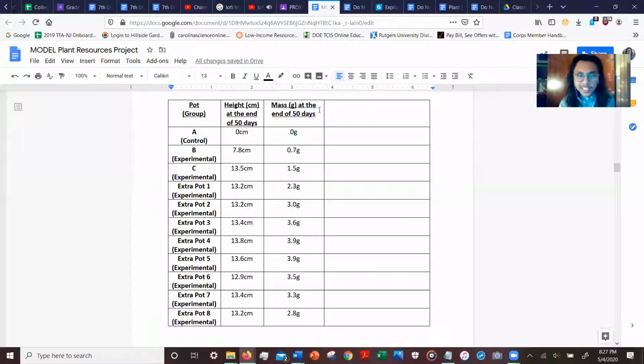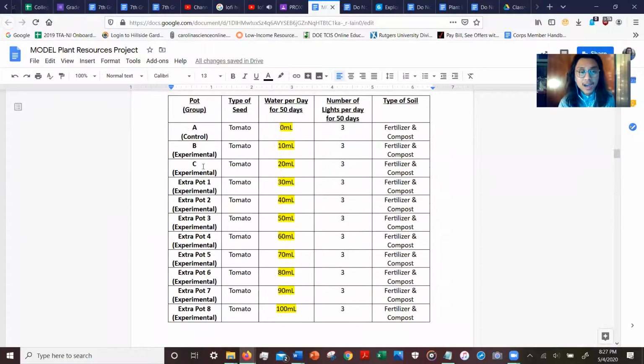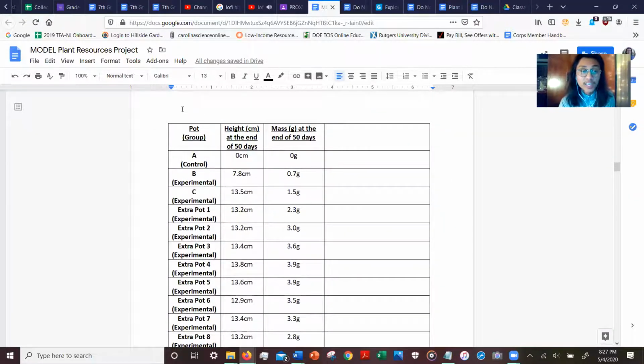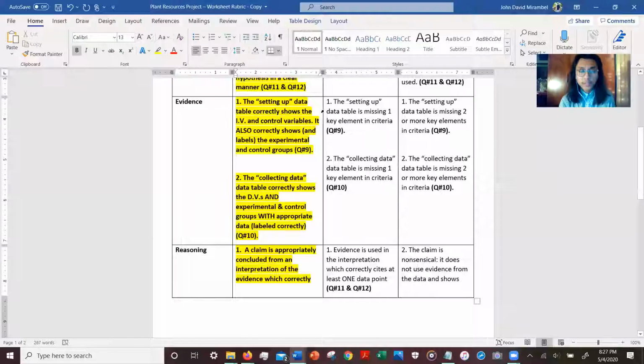So when someone else does this experiment, their group C, with the same variables in it, should have the same results in the dependent variables. So that's true. Giving myself 100% in this category of evidence is correct because I make sure that my data is set up correctly with all the right variables in groups, and I also collected that data correctly with all the correct variables in groups.